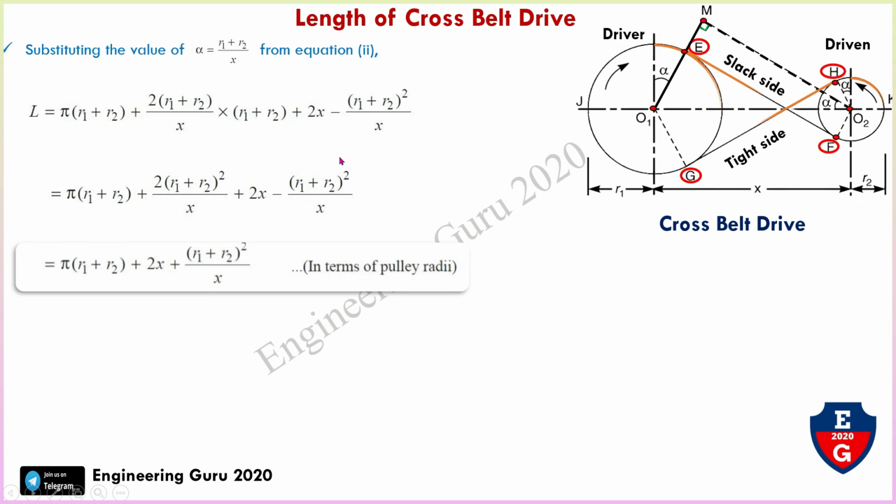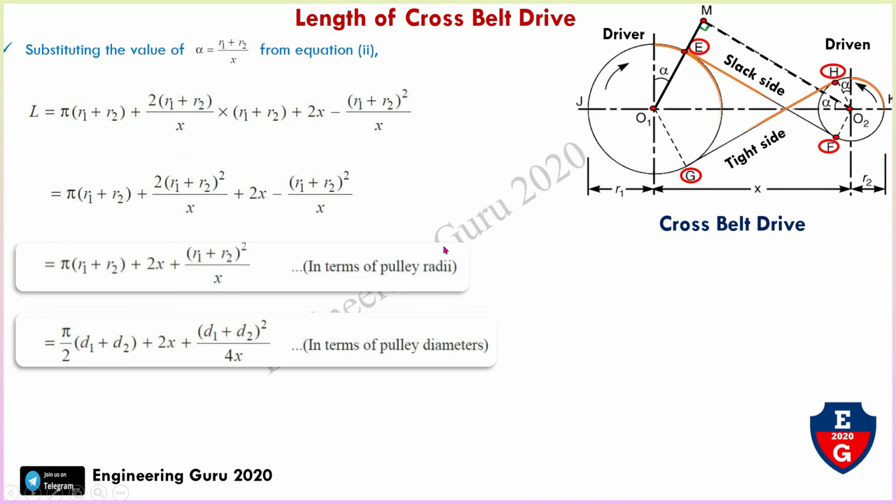So these both terms are the same, this is 2 minus 1, this would be 1. So in terms of radii. Whenever we consider it in terms of pulley diameter, we can write pi by 2 (d1 plus d2) plus 2x plus (d1 plus d2) whole square divided by 4x.